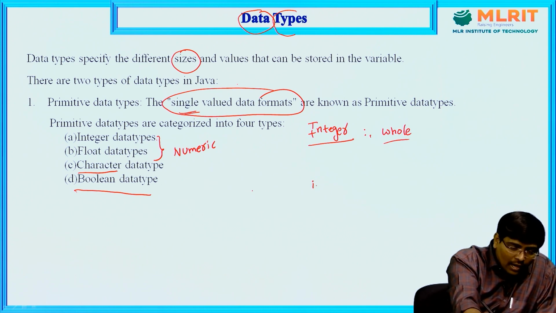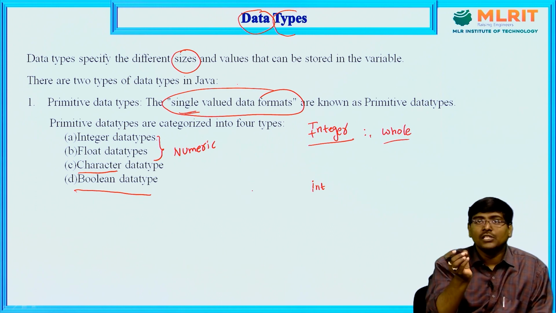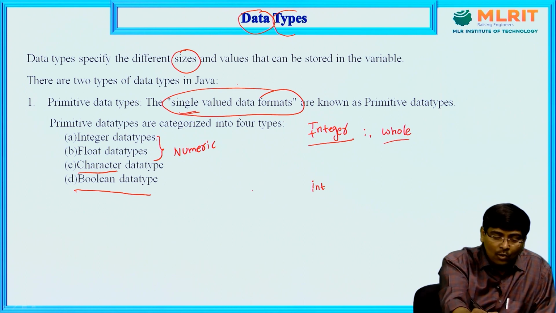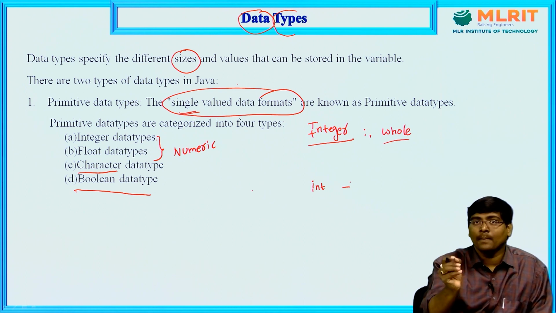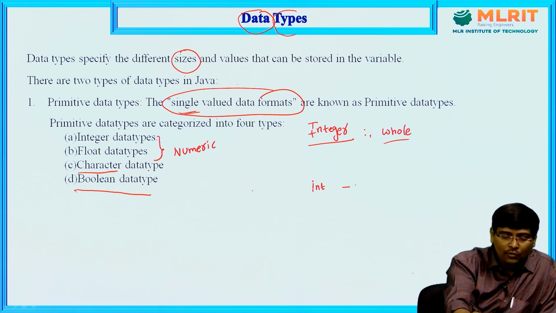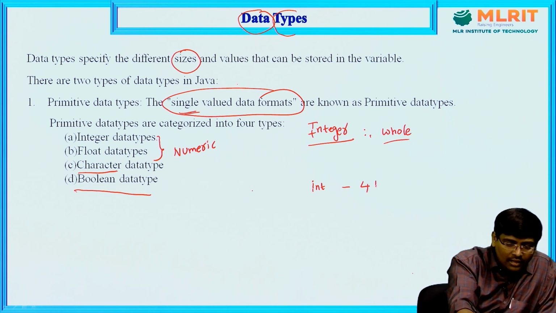Normally, we use the data type name int, which is used to store an integer value. What is the size? Remember, every data type has some size. So, for the integer data type, the size is 4 bytes.